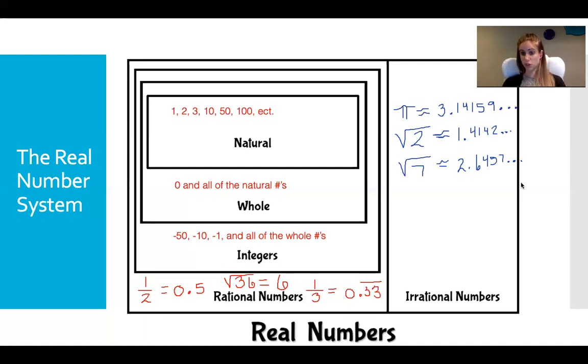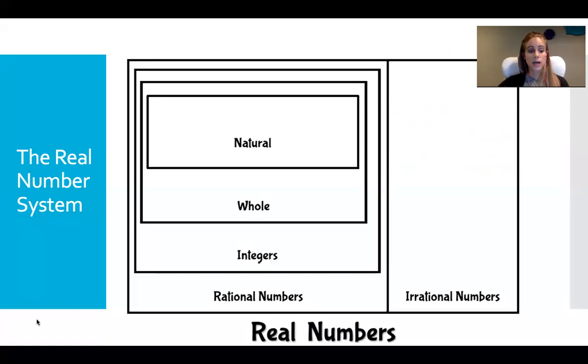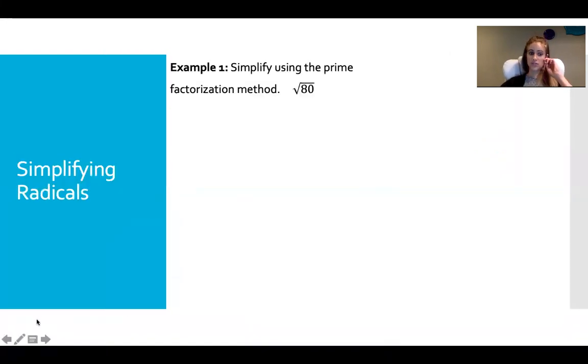Your irrational numbers are numbers whose values, when converted to a decimal, never terminate and never repeat. So that does mean there are also some fractions that could be considered this as well.